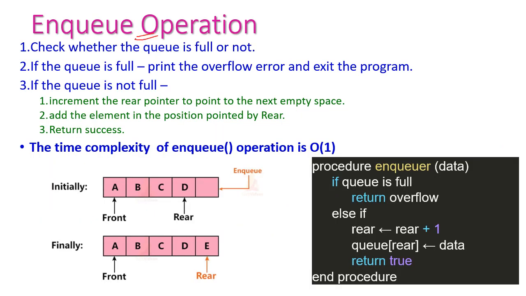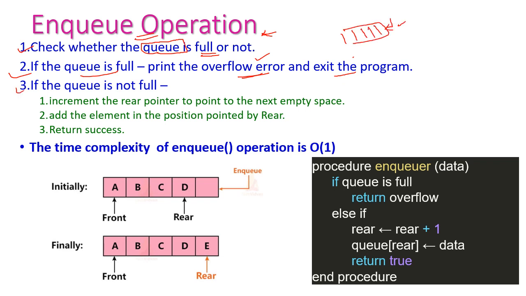The first one is the enQueue operation. enQueue operation means inserting a new item into the queue, right? Before inserting any new item, the first step is to check whether the queue is full or not. If the queue is full, then print an overflow error and exit from the program, because the queue is already full and we cannot add any new item.